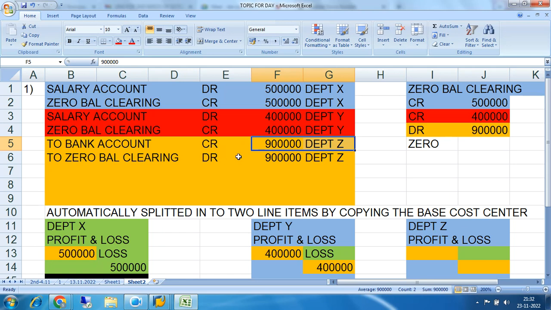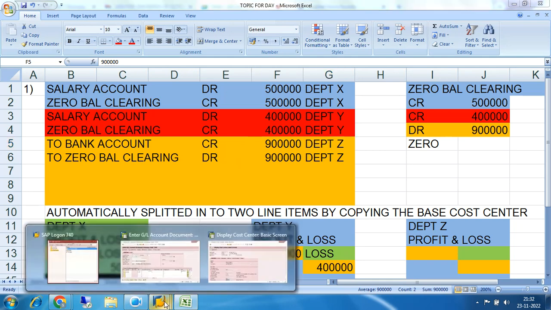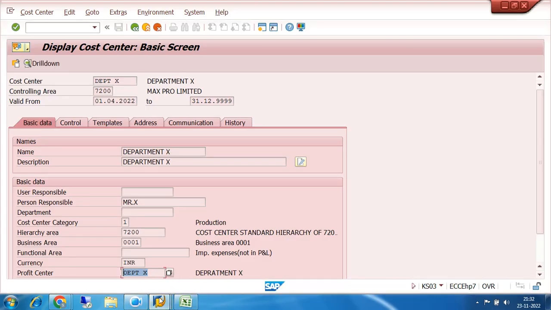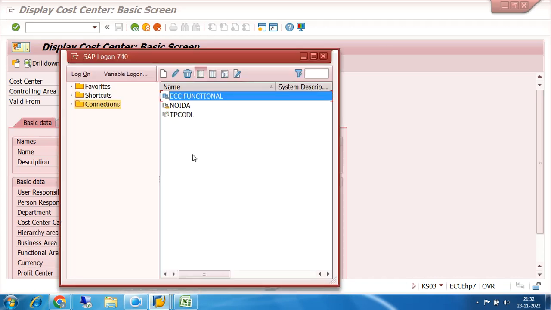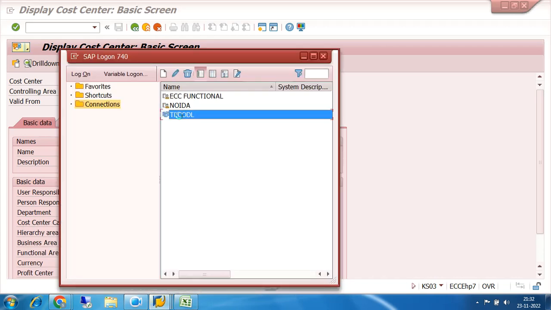Excuse me, sir. Yes. Is the zero balance clearing GL a defined GL, or do we have to create it? See, this GL is a general ledger which is created in SAP before go live. I am just showing my company's zero balance clearing account.